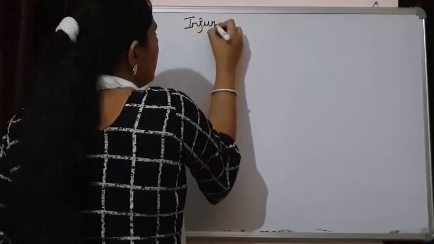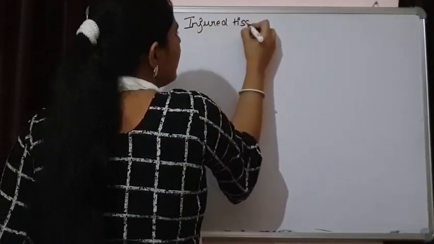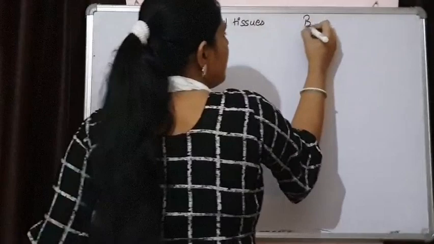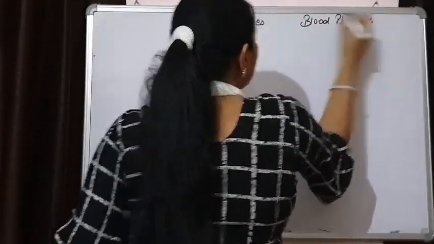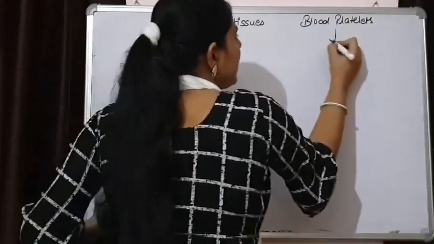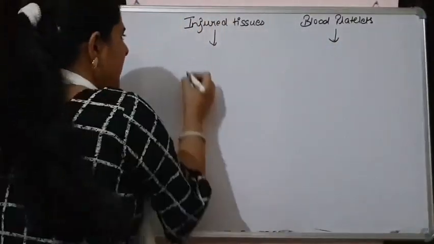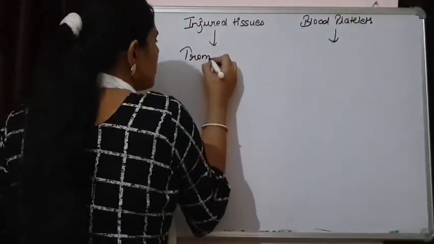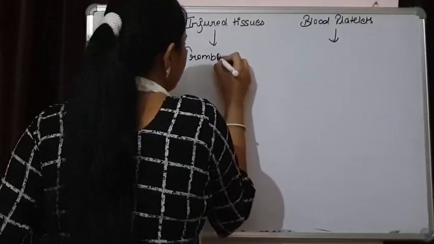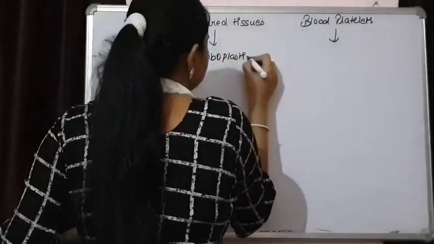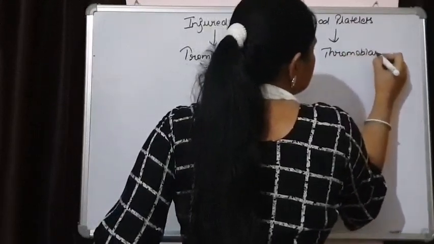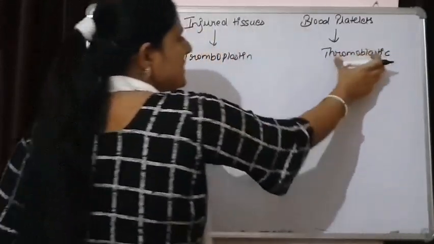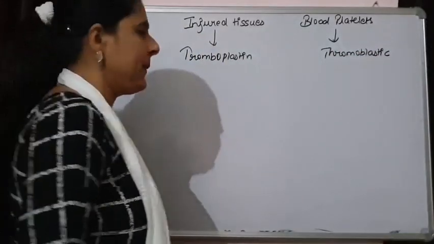So the injured tissues plus the blood platelets both release the blood clotting factor thromboplastin.